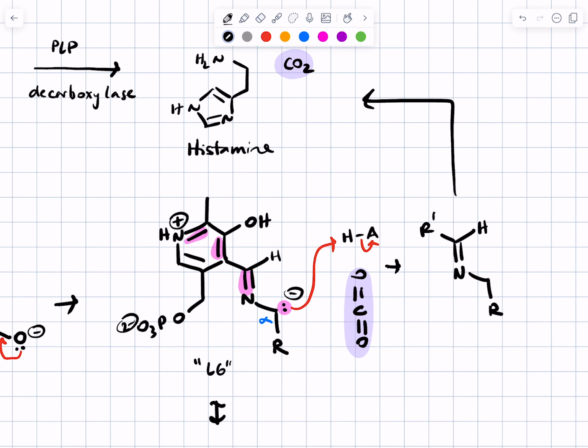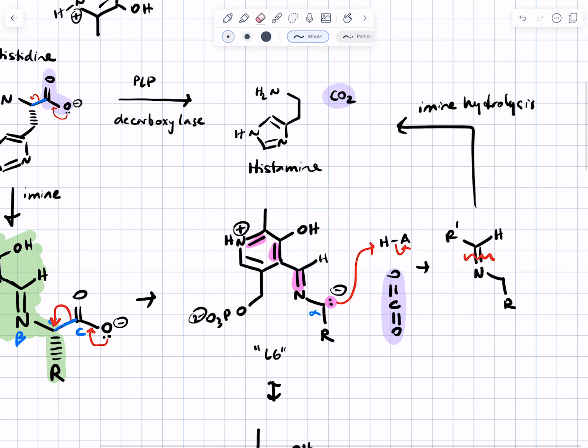Then we do imine hydrolysis. That's going to break the two bonds, the sigma bond and the pi bond between nitrogen and the carbonyl carbon of PLP.